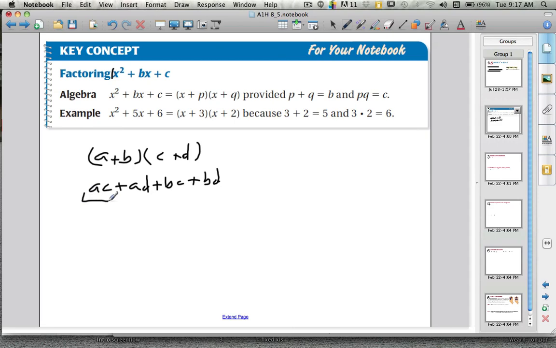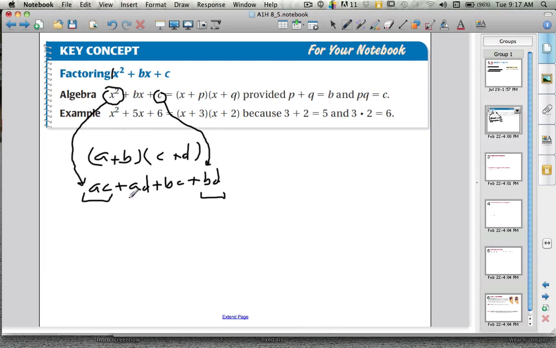And we know that this makes this first term, right? And when I just have x and x, when my leading coefficient is 1, every single time it's x squared. It happens every single time. And then this final term is made there.